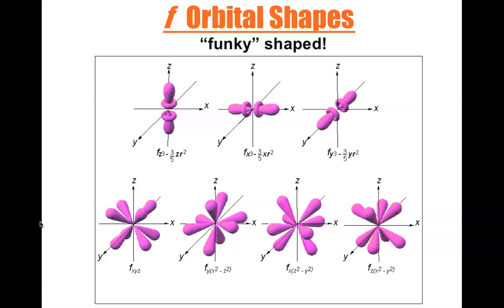Let's back up again. 2 columns made up the S block, columns 1 and 2, and 1 orbital S. 6 columns on the periodic table, 3A through 8A or 13 through 18, made up the P block with 3 sets of orbitals. And then the D block, middle of the periodic table, there were 10 columns and 5 sets of orbitals. Again, hopefully seeing a theme.